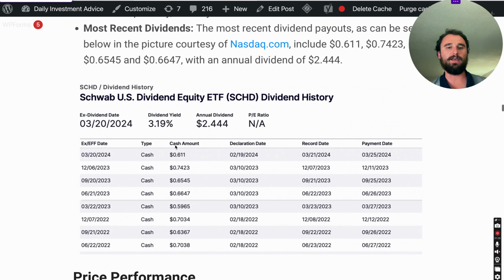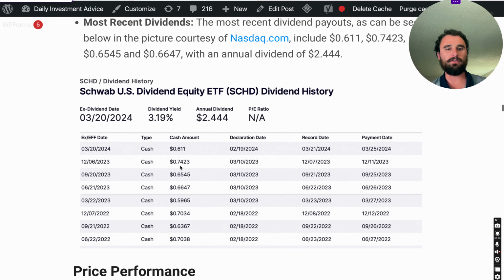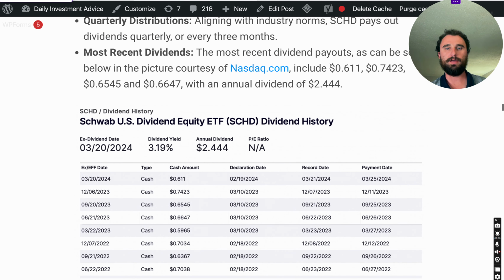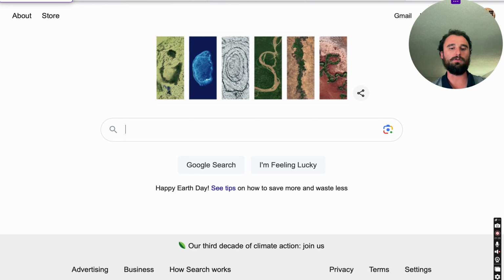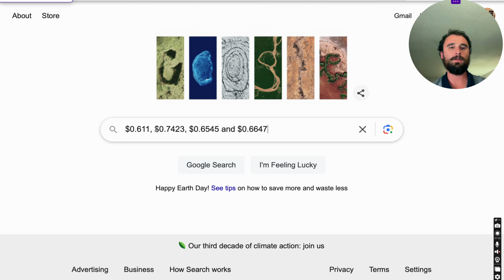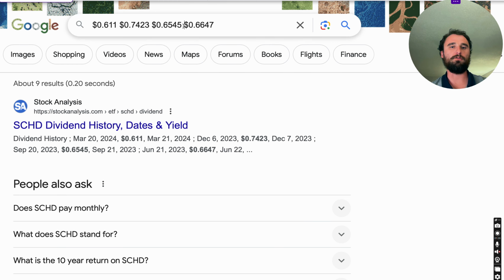If we take this average dividend, let's say we add all these up, we'll go ahead and do that now. We will go over to the calculator on Google and type this in and get a feel for what the average is in terms of how much we can make. Per year, well, for some reason that didn't go through.